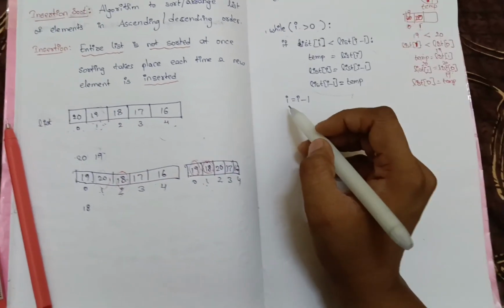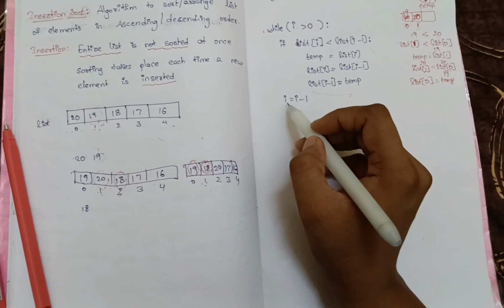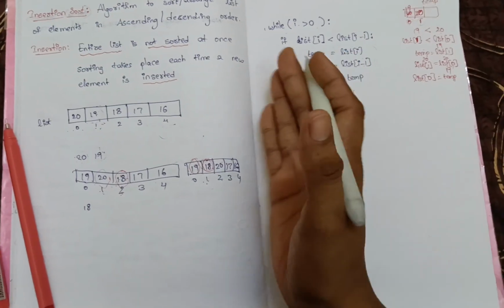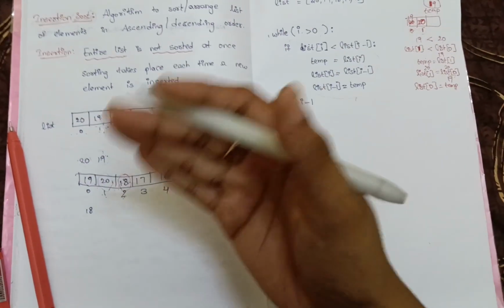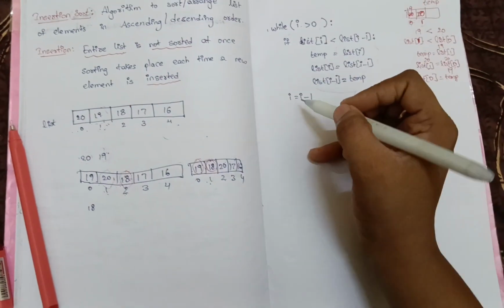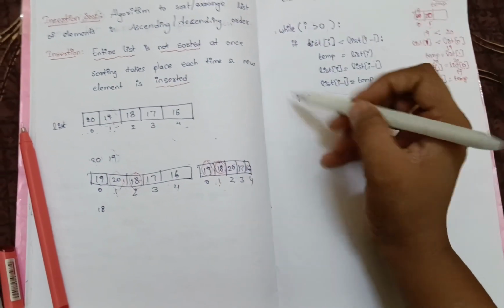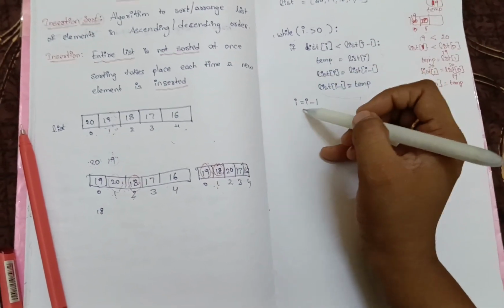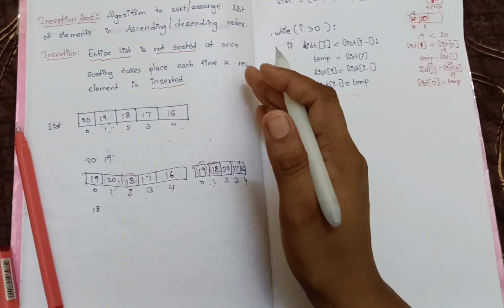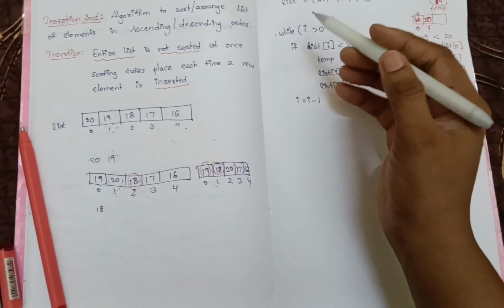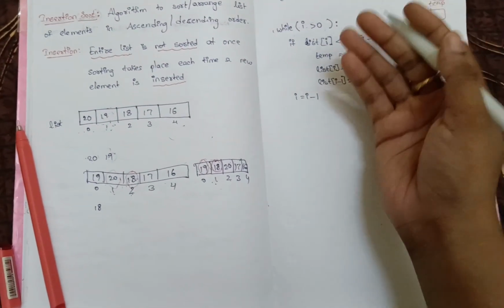That's why I wrote I index value shifting to the previous index. Now this loop will happen by decrementing one place of the index until I value is greater than 0.